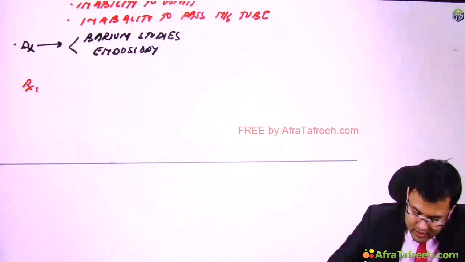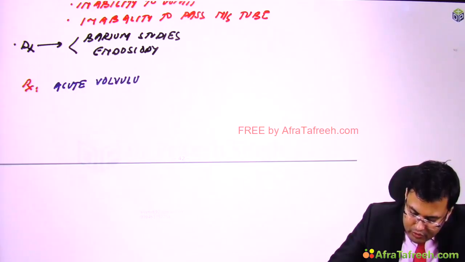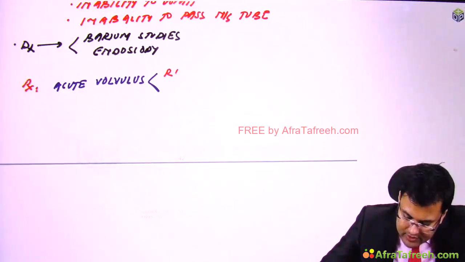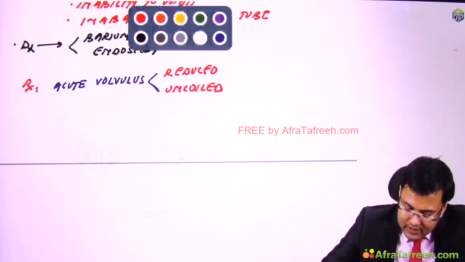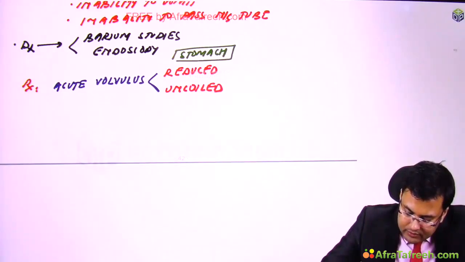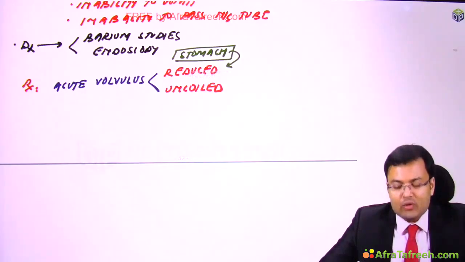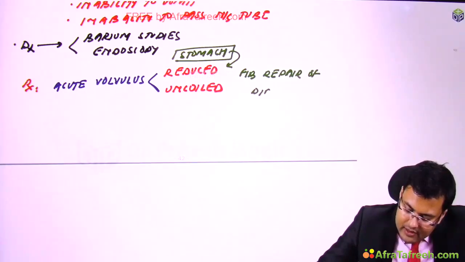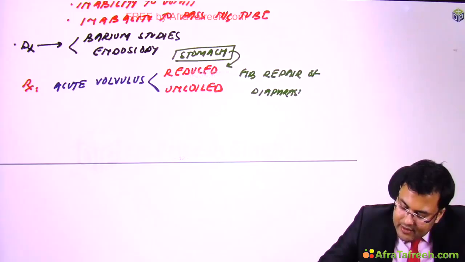In cases of acute volvulus, first we have to go for reduction of the stomach. So the stomach is reduced and then uncoiled, followed by repair of the diaphragmatic defect.